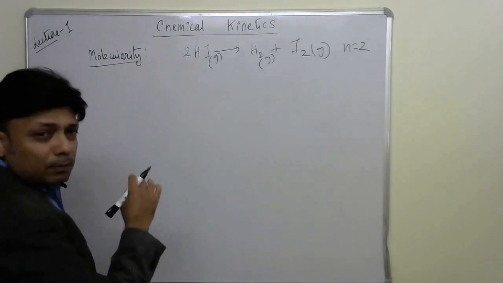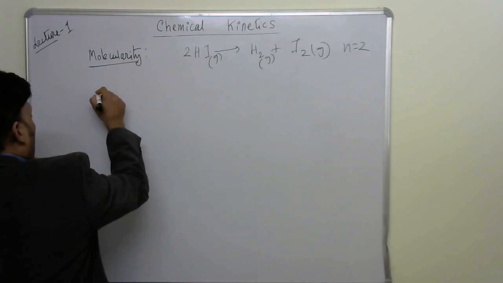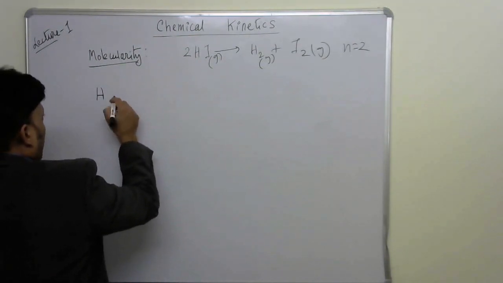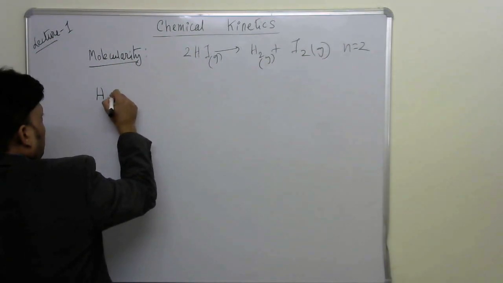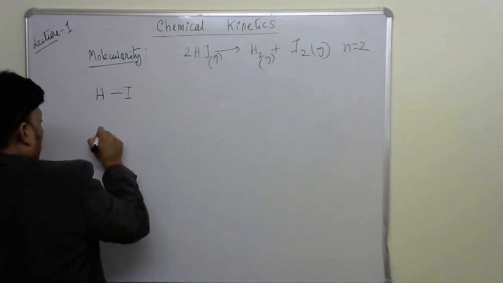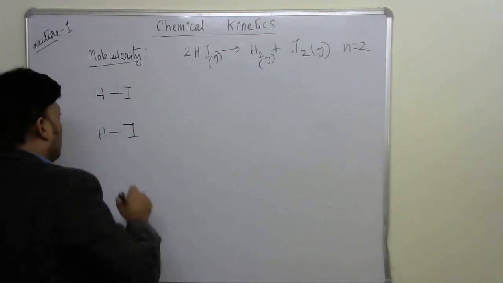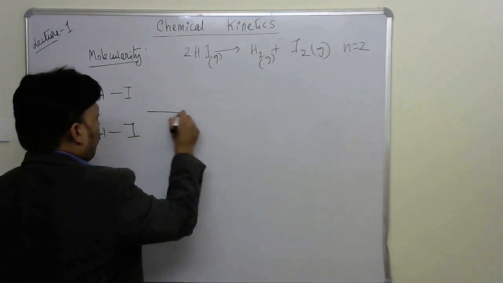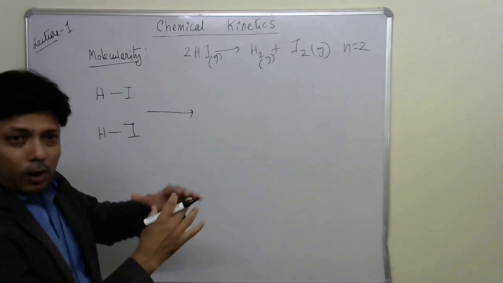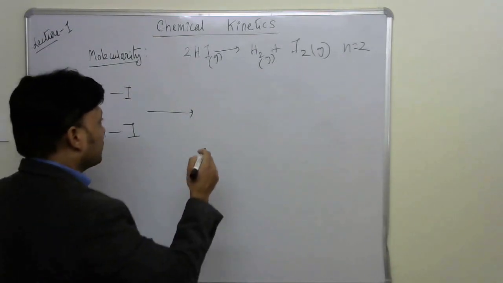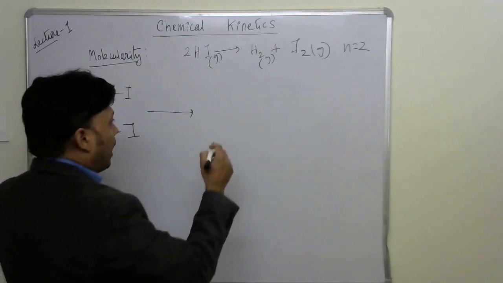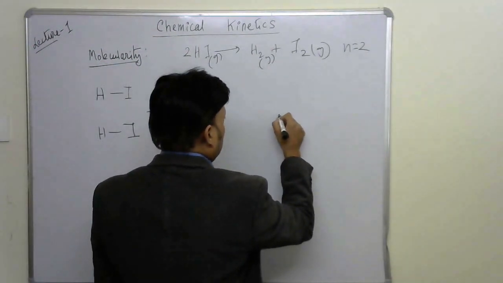Let's take a look at the exact mechanism of the reaction, how it happens. We can imagine these two HI molecules, as an illustration. These two molecules have to collide to make a reaction. So they collide in a single step and then they form the product.